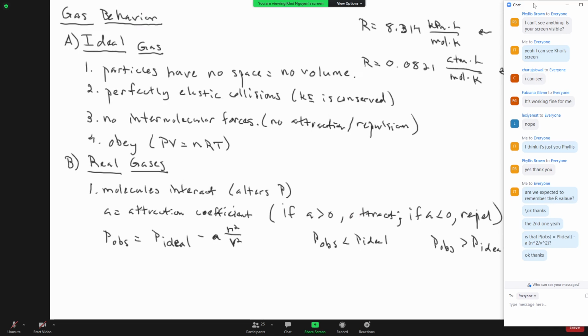Okay. The second type of interaction that real gases have is that molecules have size. What does that mean? There's this term B, I call it the bigness coefficient. So it's like the size coefficient.